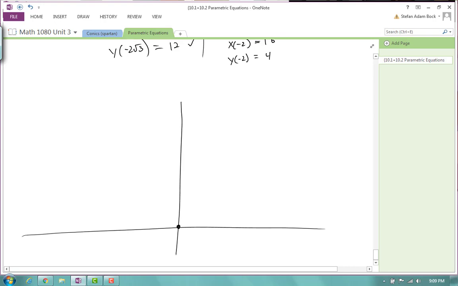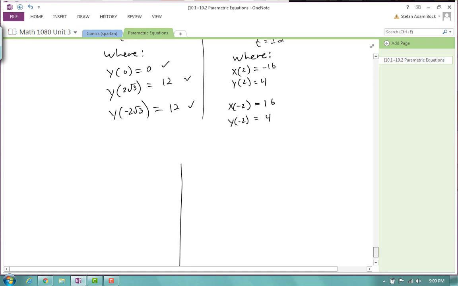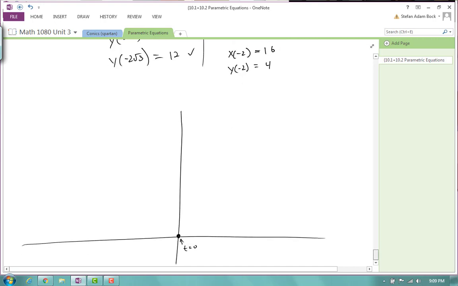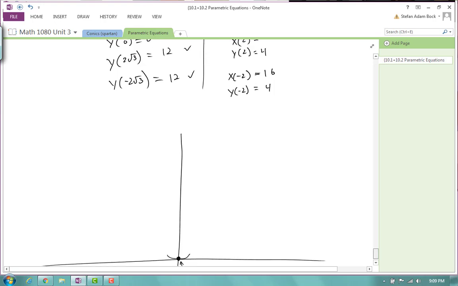So I know at the origin, I never got any negative numbers for y values, and I shouldn't, because y is equal to t squared. That's a square. I know that at t equals 0, I'm at the origin. Now, if I go up to t equals 2, I have vertical tangent lines. I also know that it's flat down here, so something like that.